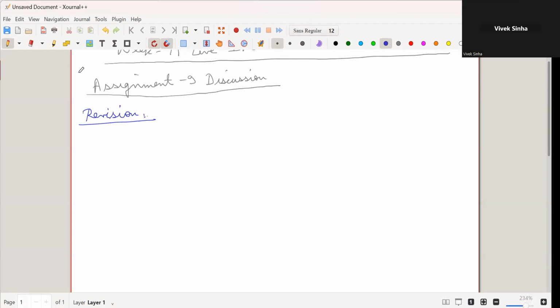So it's better that we devote more time to the theory part, so that you can revise everything. First of all, one should be aware of what a module is.